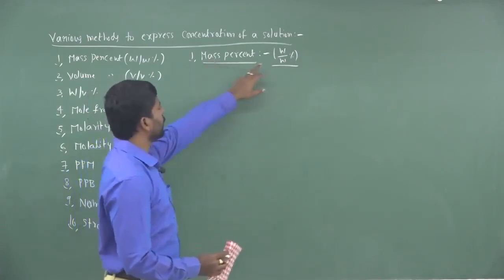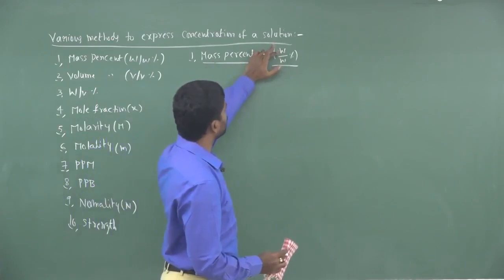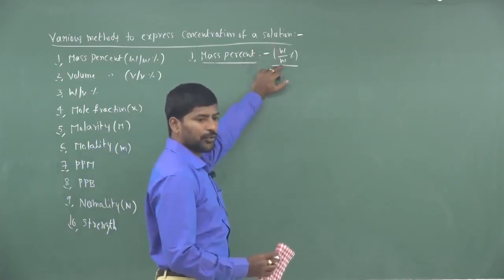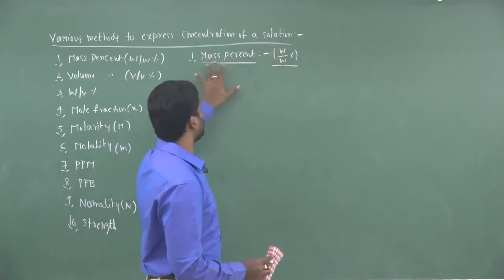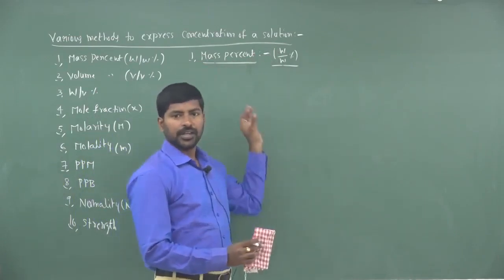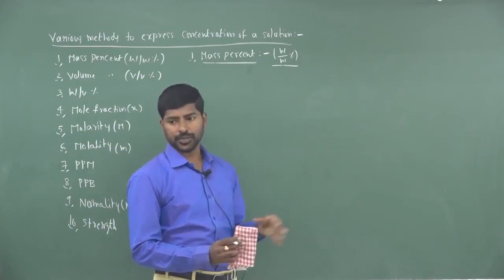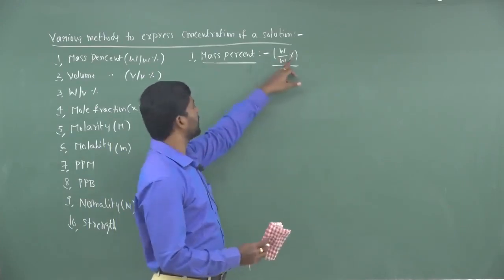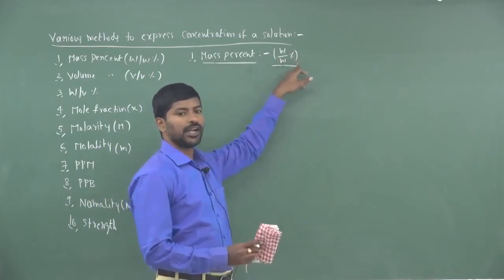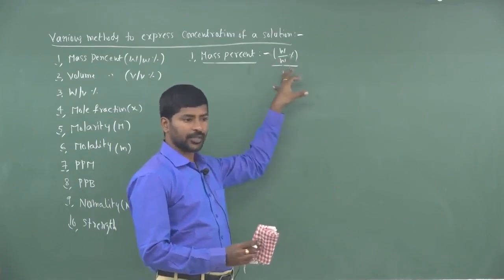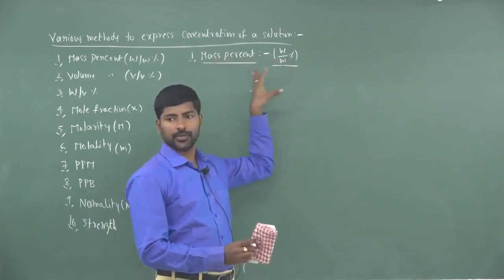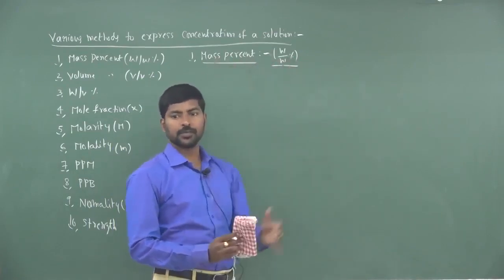So here the numerator corresponds to solute and the denominator corresponds to solution. Mass percentage is the amount of solute in grams present in 100 grams of solution. Percent means we have to take 100 grams of solution; in 100 grams of solution, how many grams of solute are present? That is called mass percent.